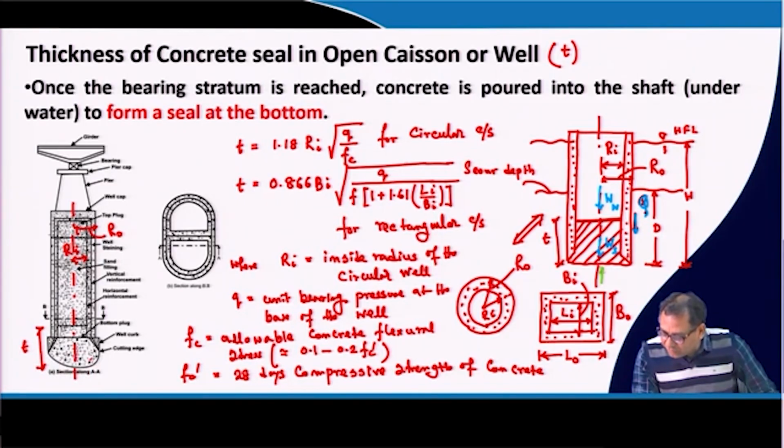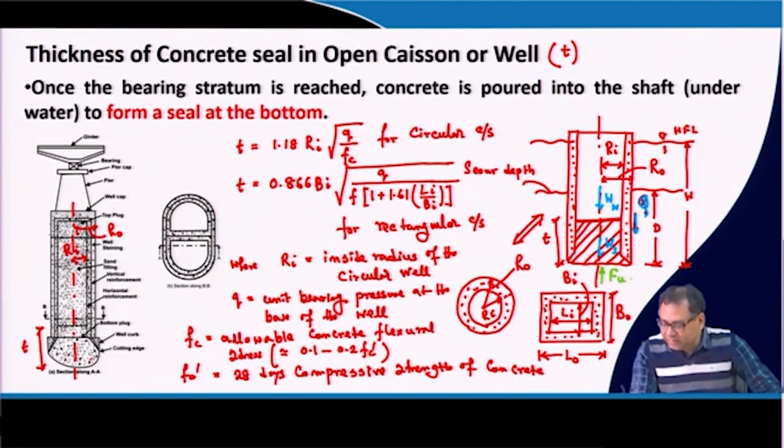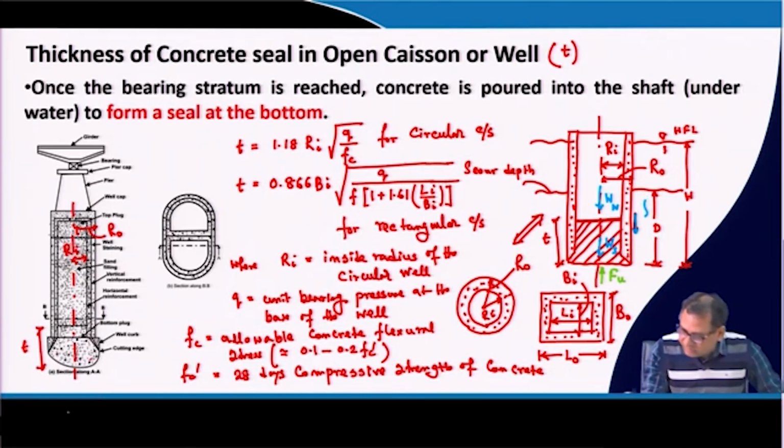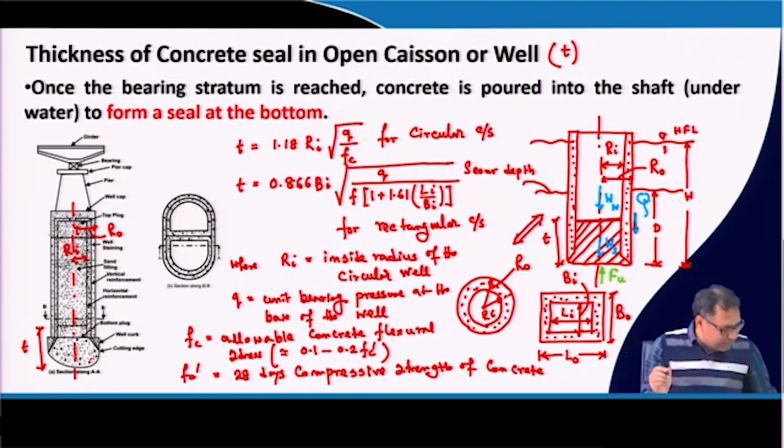Due to that buoyancy force, friction will be generated between the soil and the well, acting in the downward direction, that is Q. The weight of the well and the weight of the seal also act in the downward direction.